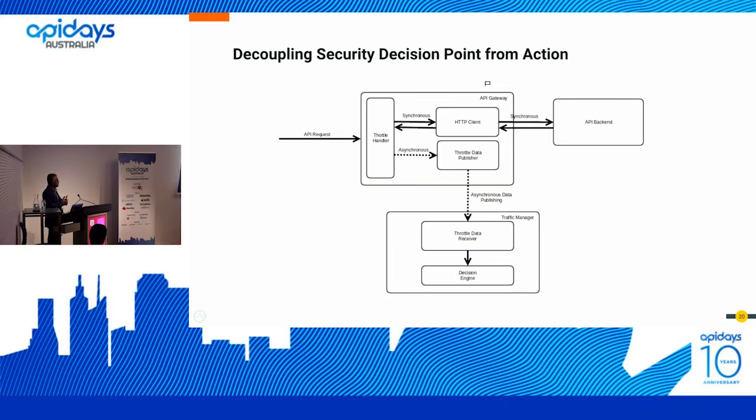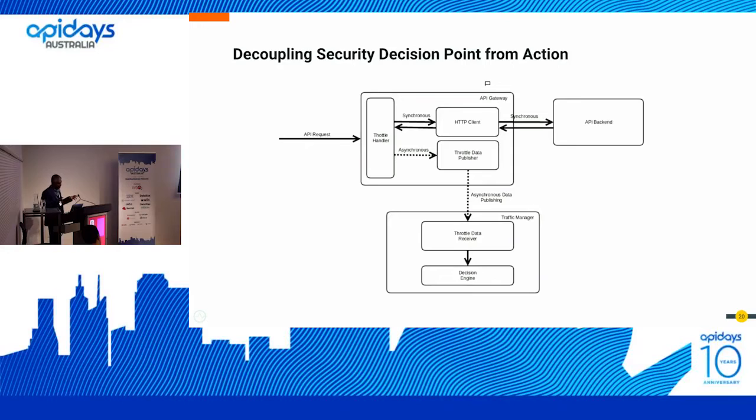Say it is a bank and this API is only getting the product details, we'll have a lower level of security, but if it is making a payment, we can increase the challenges that we make for the API consumer from the security perspective.